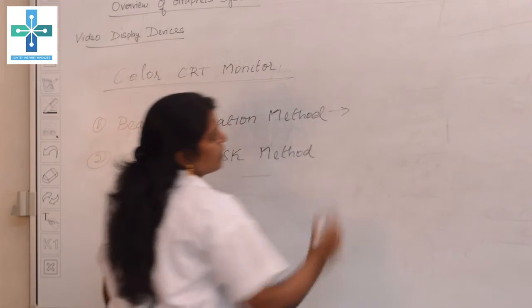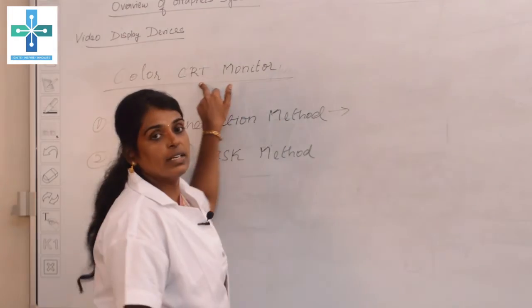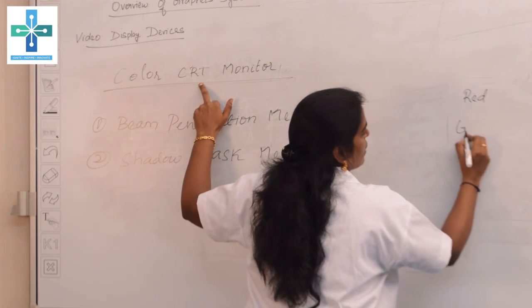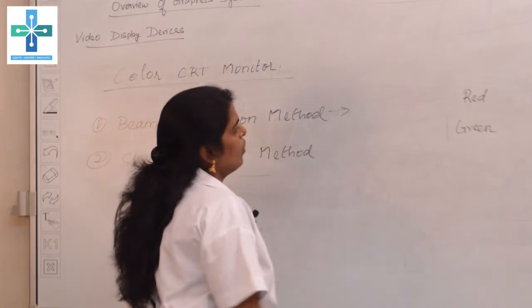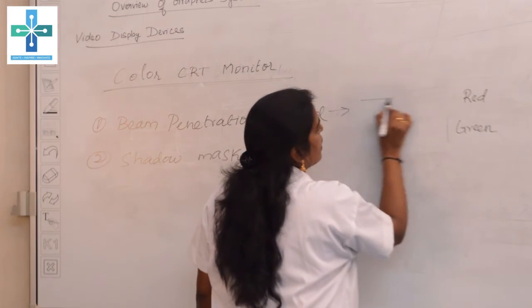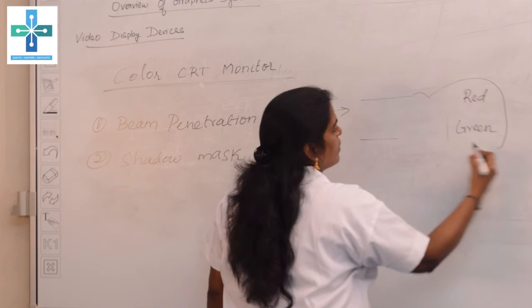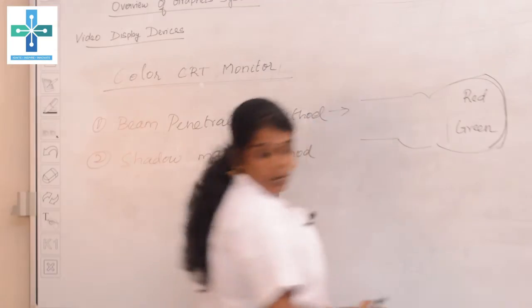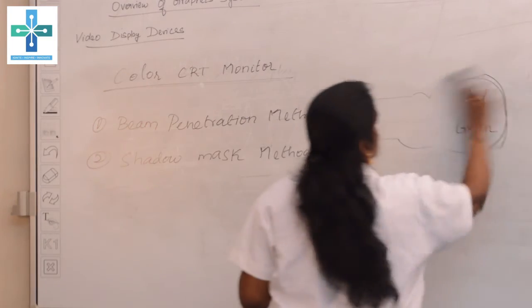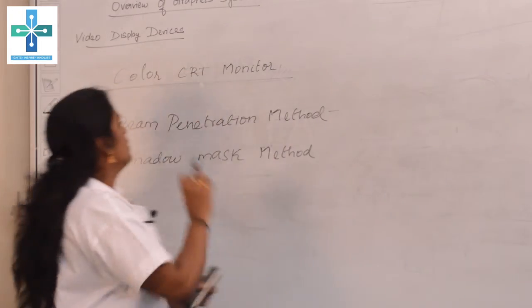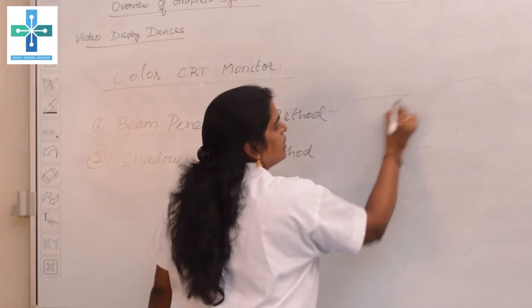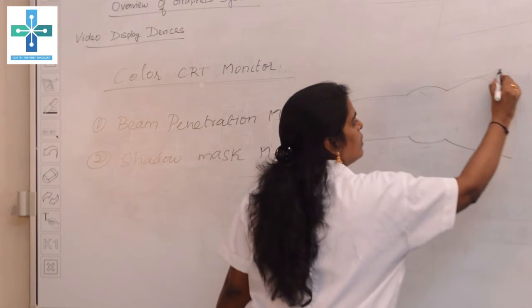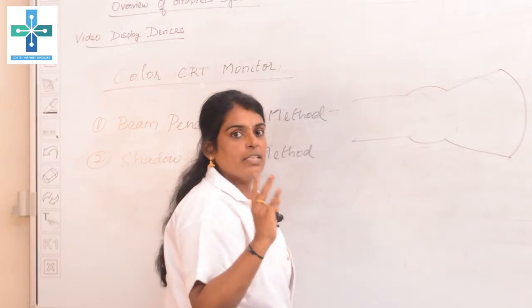In this beam penetration method, the CRT monitor consists of only two colors. One is red, another one is green. As I told you, in this beam penetration method, the CRT monitor consists of two phosphorus screens.